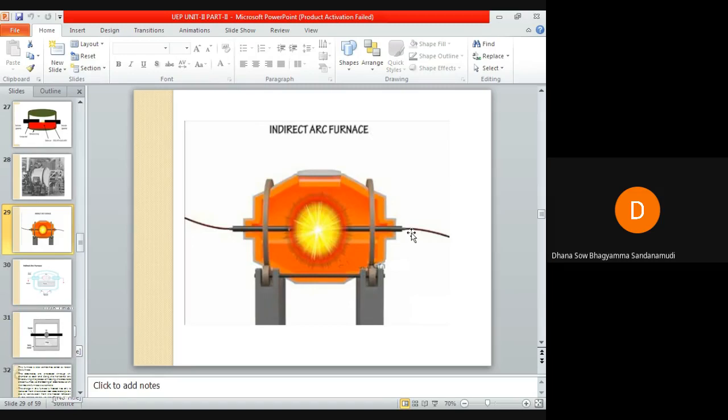The charge in this furnace is heated not only by the radiation from the arc between the electrode tips, but also by conduction from the heated refractory during rocking action. Due to rocking action, there is a to and fro motion of the whole furnace.